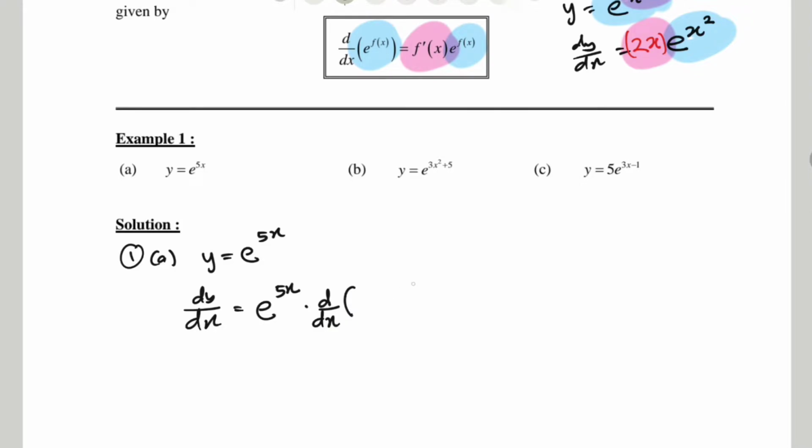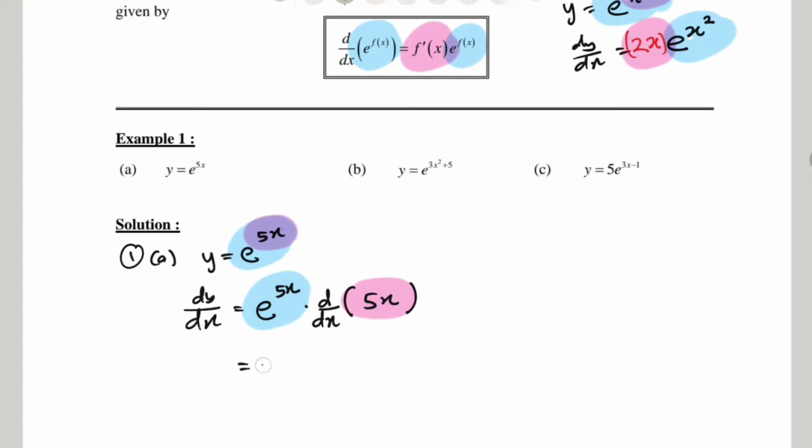Okay? And what's the power? The power is 5x. So first step is just to copy the exponential function with the power exactly as it is, and then write the power inside this bracket.